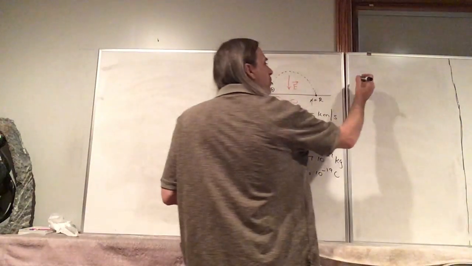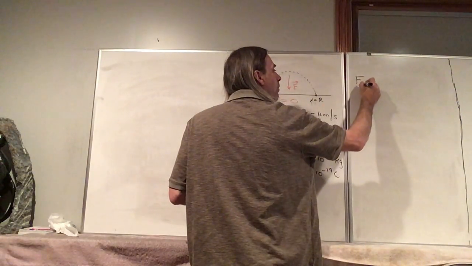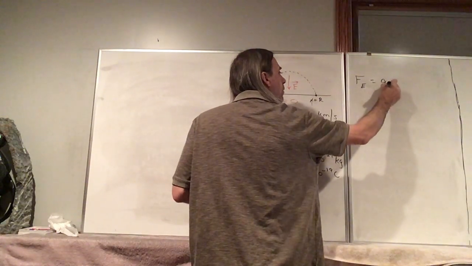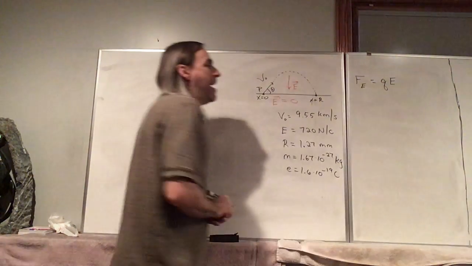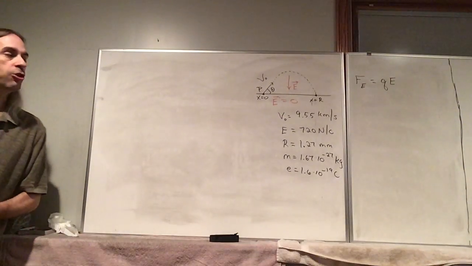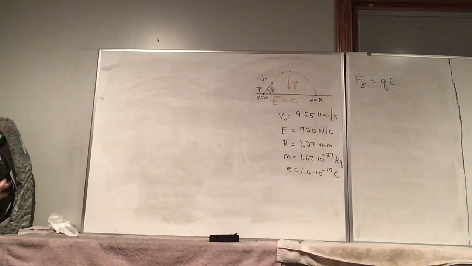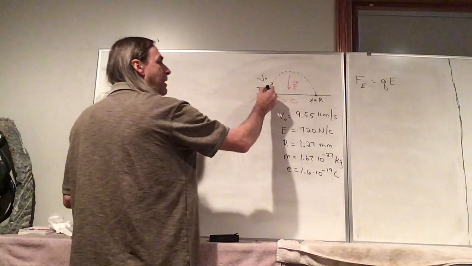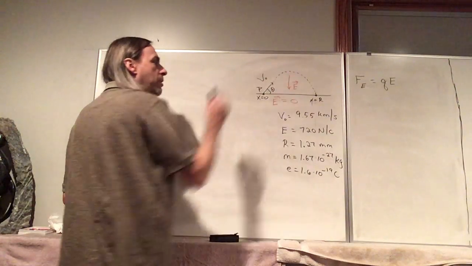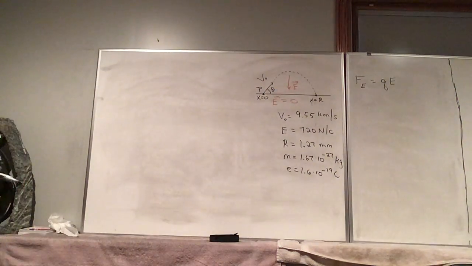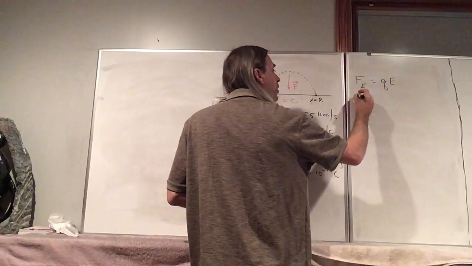Remember, the magnitude of the electric force is the charge times the electric field. And because a proton is a positive charge, the direction is always going to be in the direction of the electric field, which is downwards. And of course, the gravitational force is mg.